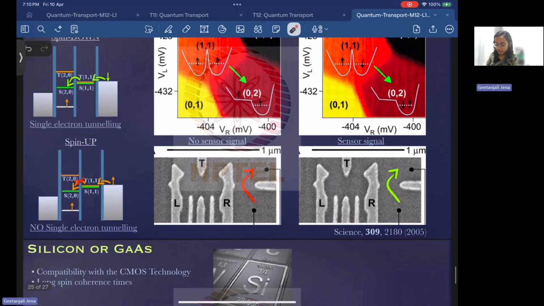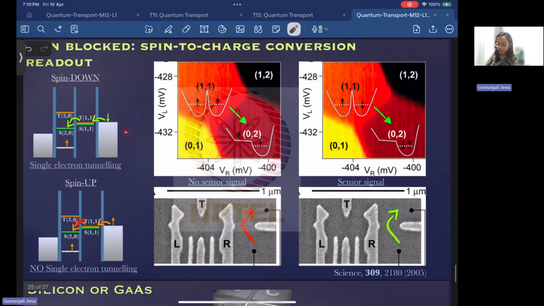so it can easily tunnel into this quantum dot. But let us say we have a spin up state. Because there is an electron already in the spin up state, it's not possible for this spin up state to tunnel into this double quantum dot system. Because of this different response, for this case we will see a current through this QPC region.